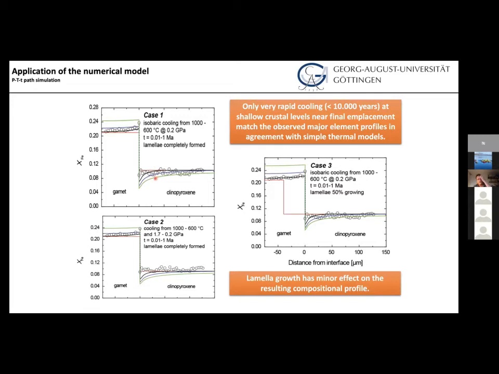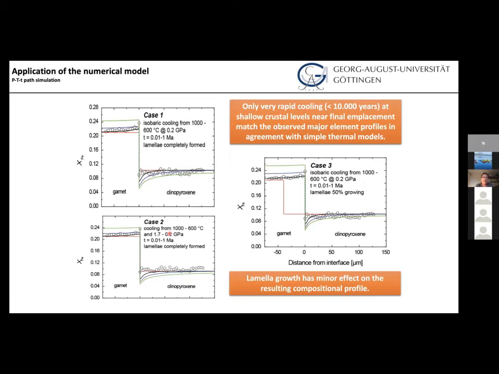But what is remarkable is if you add exhumation to the story, right? As soon as you add exhumation, as we did here, so we have the same temperature-time path, but we add changes in pressure. If we add changes in pressure and we start at greater depth and go to our final intrusion or emplacement depth in the same time frame, then we observe that the partition coefficient is actually working against us.